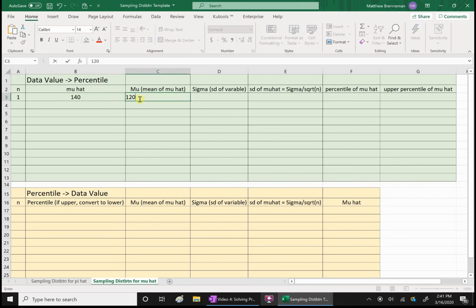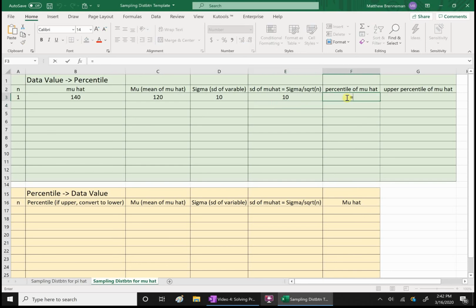And of course this is 120. Standard deviation is 10. And this is going to be equal to, so this is the standard deviation of mu hat. It's the standard deviation of the variable divided by the square root of the sample size. And in this case it's trivial, it's just going to be 1, but I can change that, of course, for other problems.